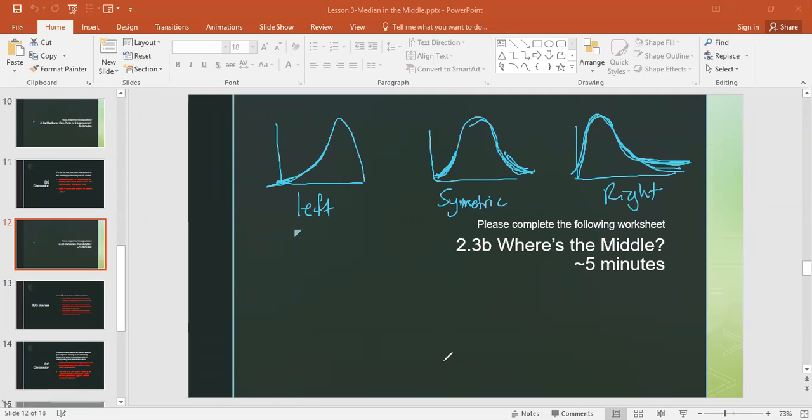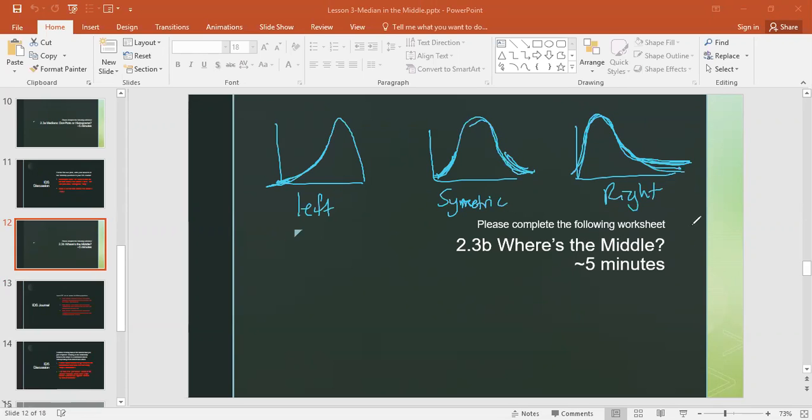The reason why I bring that up is because in 2.3b, you are going to be asked to identify if it's a left skewed, symmetric, or right skewed graph. And then you're going to be asked to find the median and compare it with the mean, which they give you. There are 6 graphs on there, and the first one has been done for you as an example.